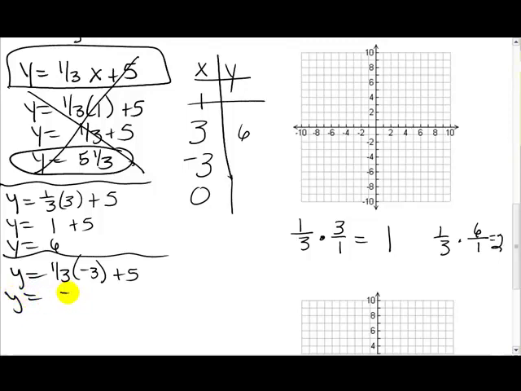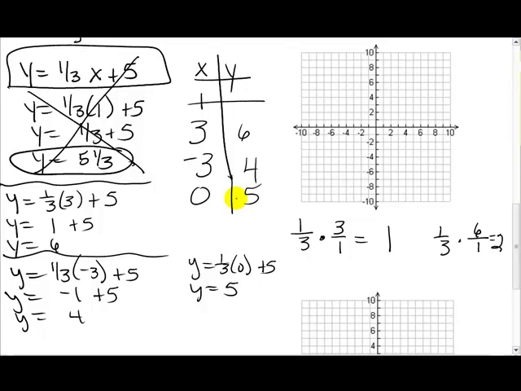So 1/3 times -3 is -1, so y would equal 4. And then we'll do y equals 1/3 times 0, so y equals 5. Then we'll go to graph it.